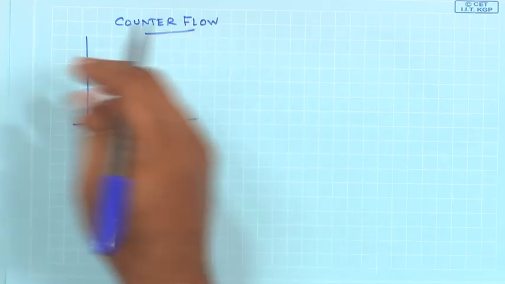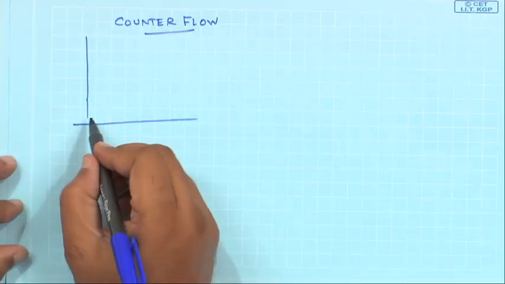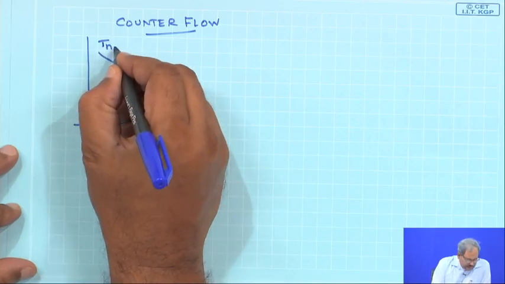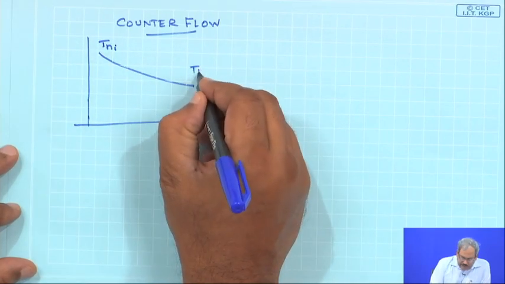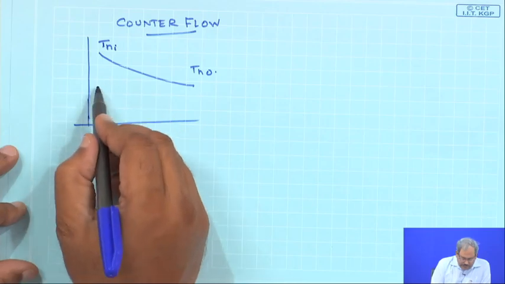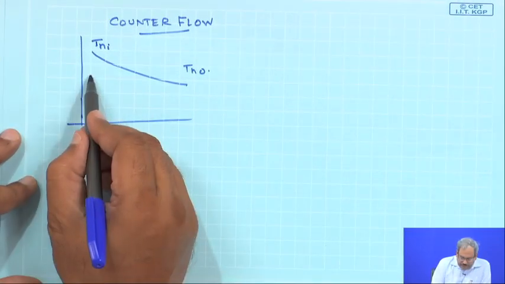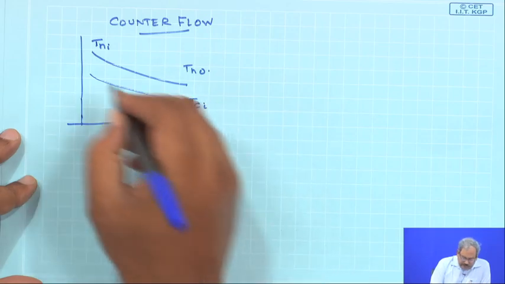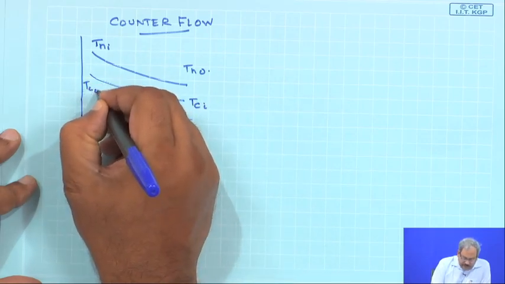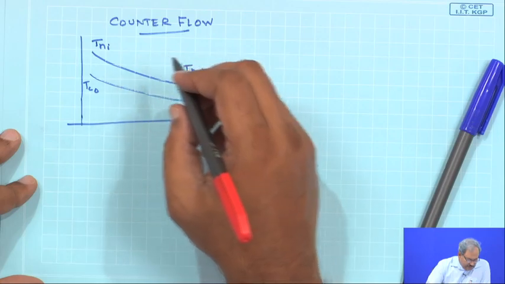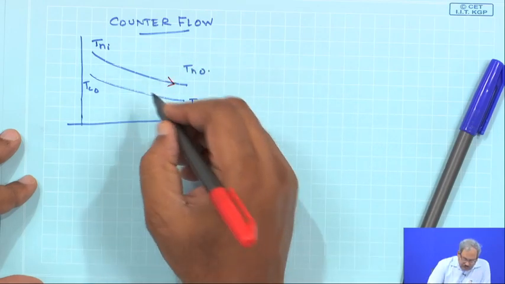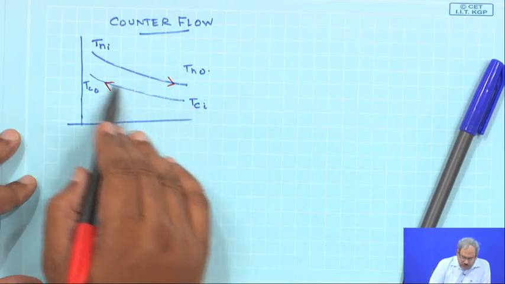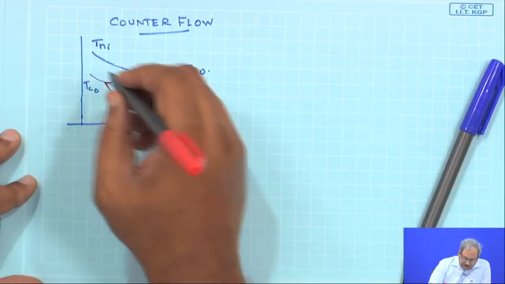In counter flow, this is T H at the inlet and this is T H at the outlet, and let us say this is T C at the inlet and this is T C at the outlet. The direction of flow is counter flow. So, the hot fluid flows in this direction, the cold fluid flows in the reverse direction.